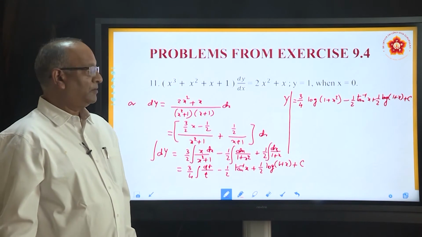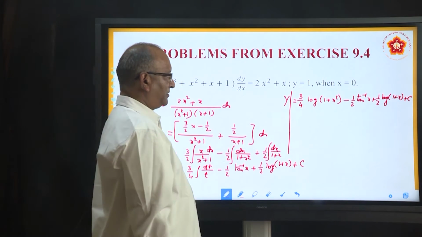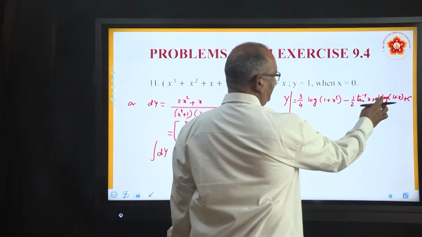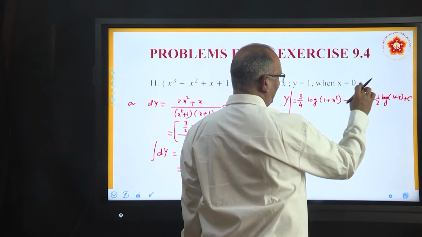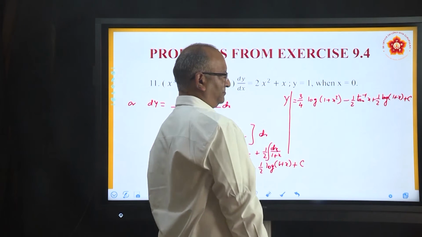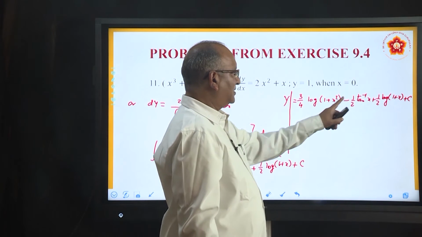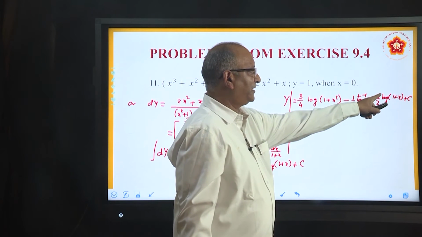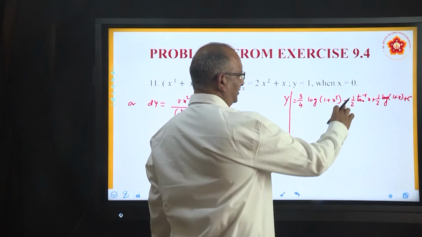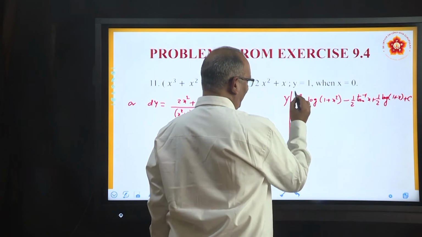Now, before we proceed, you can try clubbing these two terms because both are log terms. How do you club them? Multiply this numerator and denominator with 2, so that it becomes 1 by 4. This is already 3 by 4.